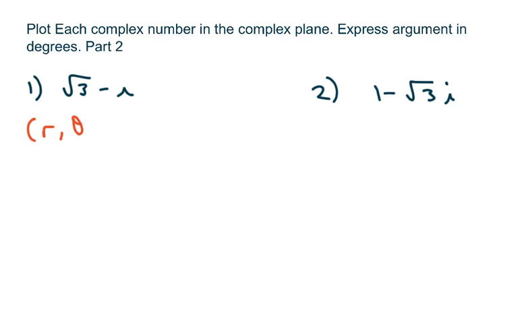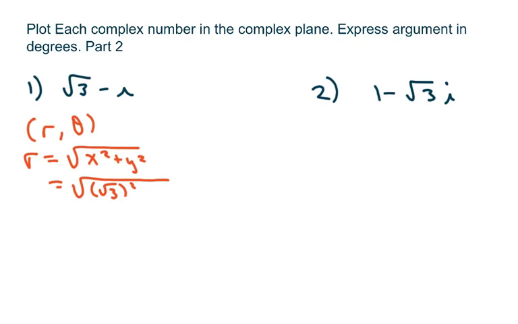Okay, so first thing we need to do is find our polar coordinates. We know r equals the square root of x squared plus y squared. So this equals the square root of the square root of 3 squared plus negative 1 squared, which equals the square root of 4, which equals 2.